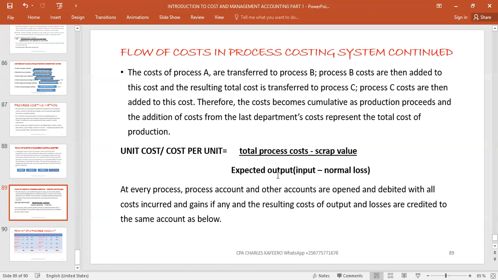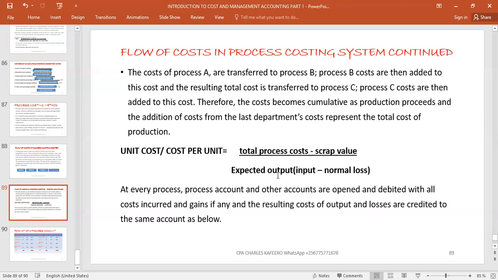But there is a scenario where even what you have expected is not exactly what you've got. We may say that we are inputting 10,000 units in the system, and the normal loss we assumed to be 10%. If we are putting in 10,000 units, the normal loss, sorry, 10%, will be 1,000. So it will be the 10,000 minus the 1,000, which will give us 9,000.